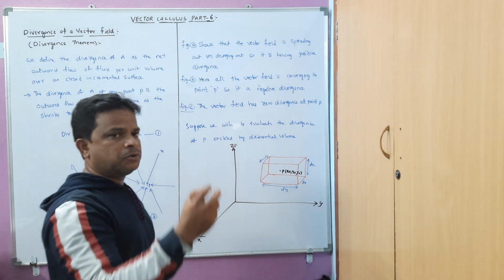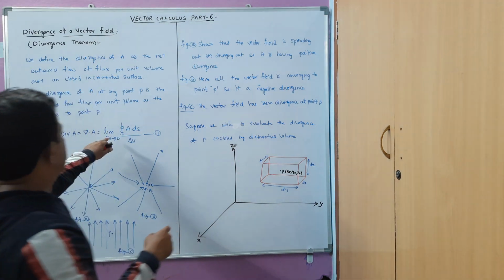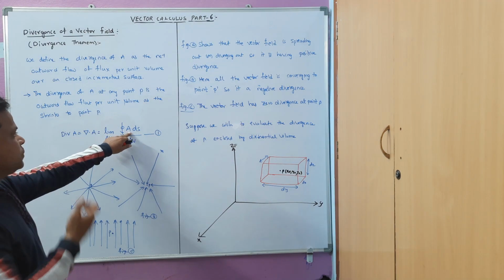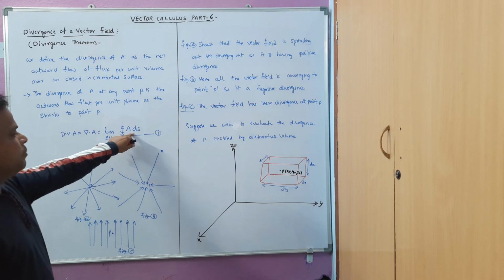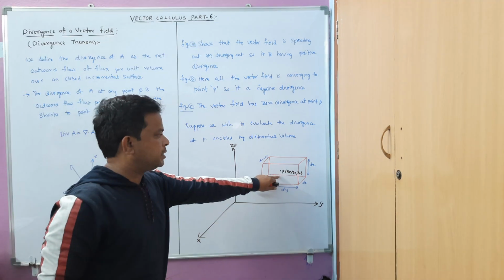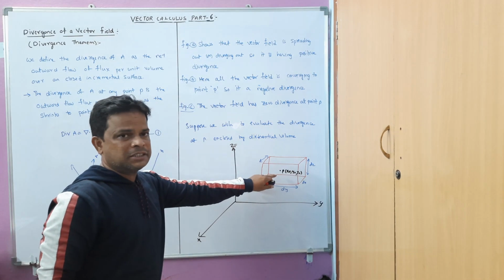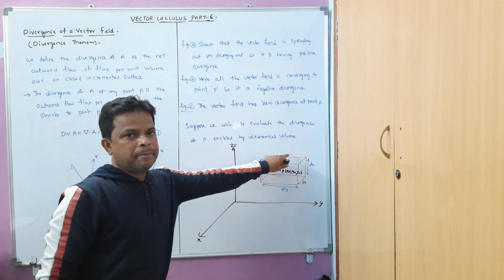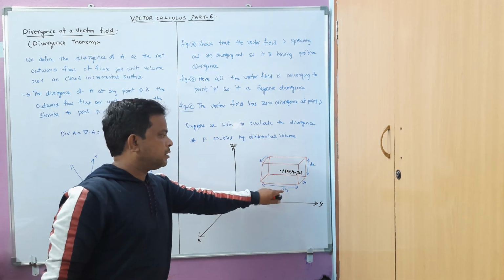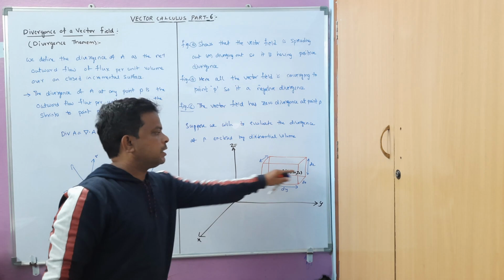So now we are going to evaluate the divergence of A, which is enclosed by these surfaces. That is, we are having 6 surfaces here: front surface, back surface, top surface, bottom surface, right and left.